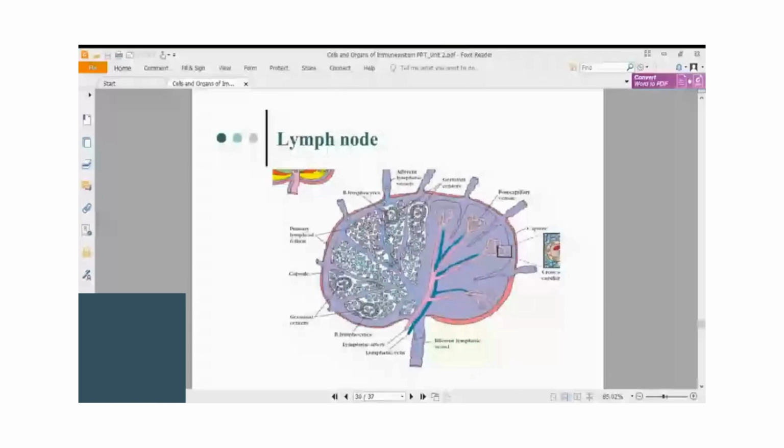Once that synapse is established, both these cells undergo activation, and that process takes place in the paracortex area. The paracortex area is considered to be the light zone. Light zone means there are cells which are highly distributed and well dispersed, whereas the cortex area is called the dark zone because it stains darker.